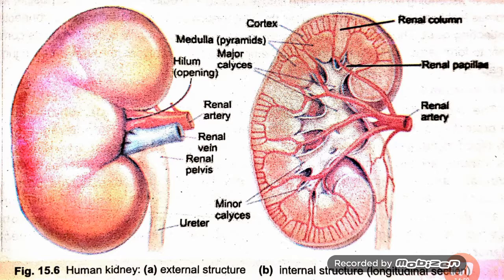The hilus enters into the kidney through the small structures which are called sinuses, and they are called renal sinuses because they are related to the kidneys. So the depression or invagination at the concave side of the kidney through which blood vessels and ureter enter the kidney is called a hilus.